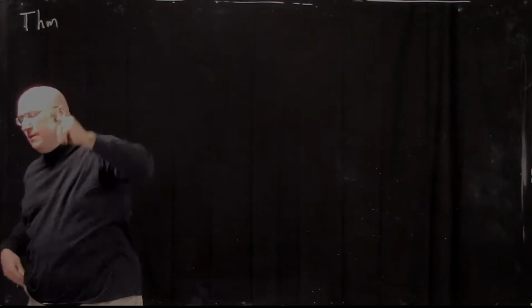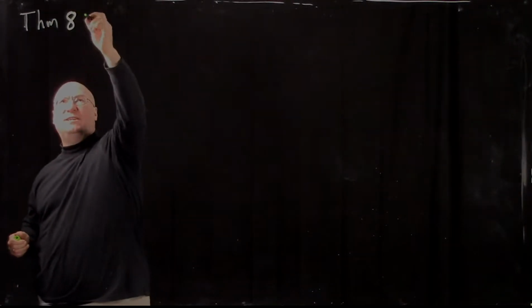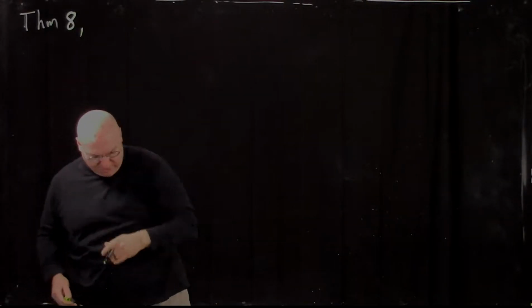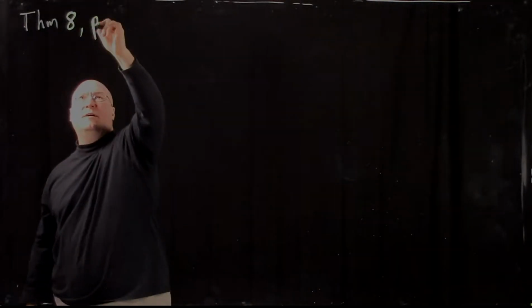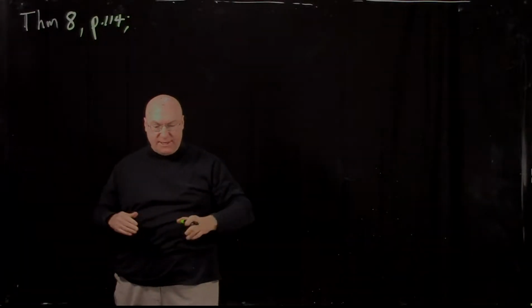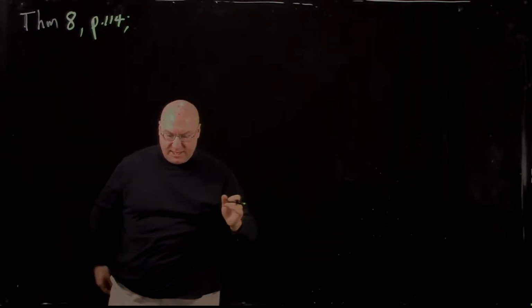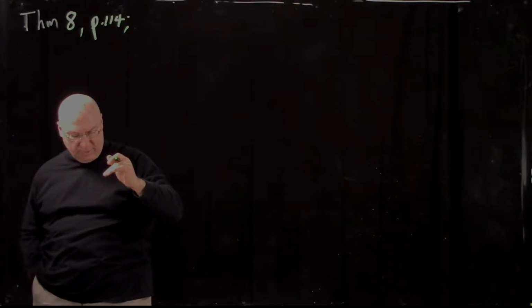We're going to do theorem... Let me get a different marker. Theorem 8, page 114. All right. This is a really cool, powerful theorem, and let me just state the way I want to state it.